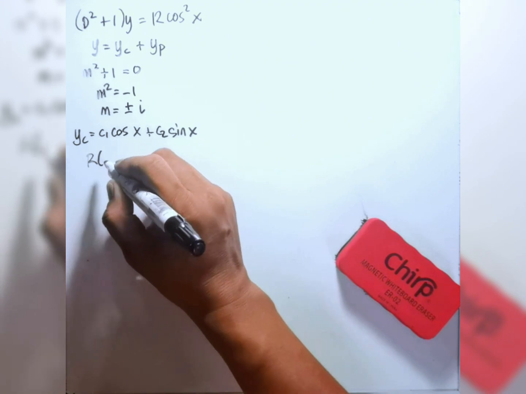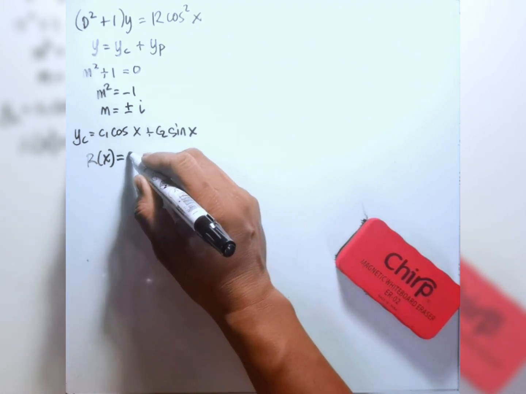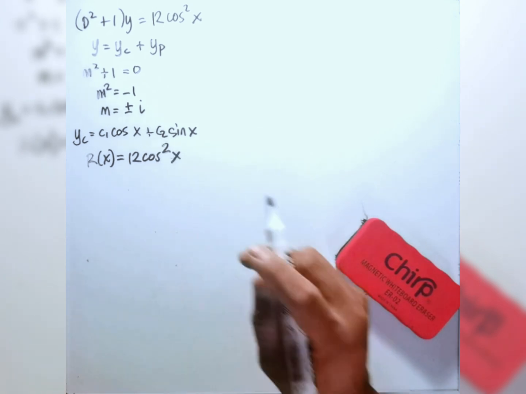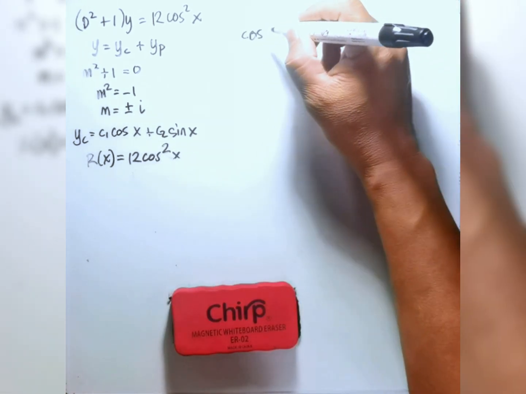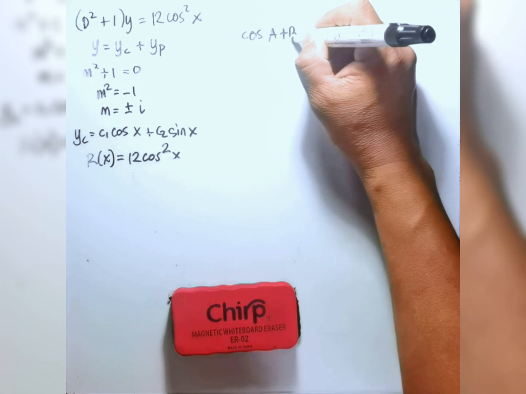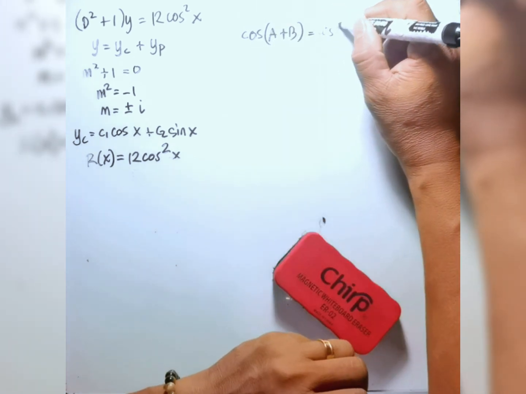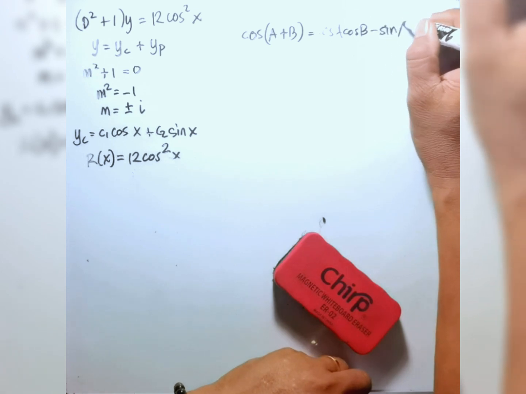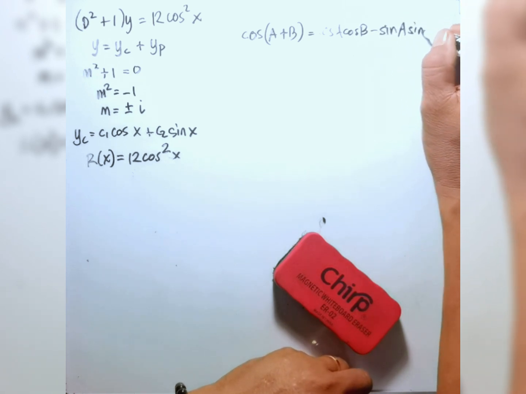So let's examine the right side of the equation, which is r of x equals cosine square of x. If you recall, cosine of a plus b is cosine a times cosine b minus sine a times sine b.